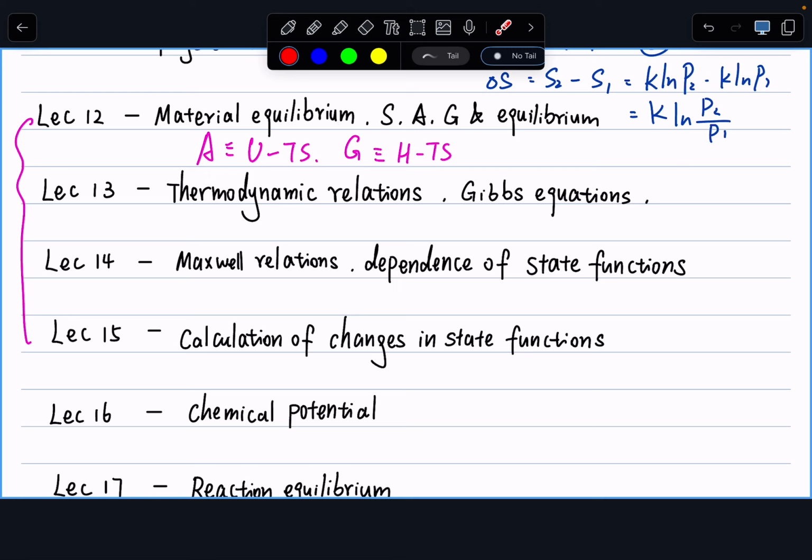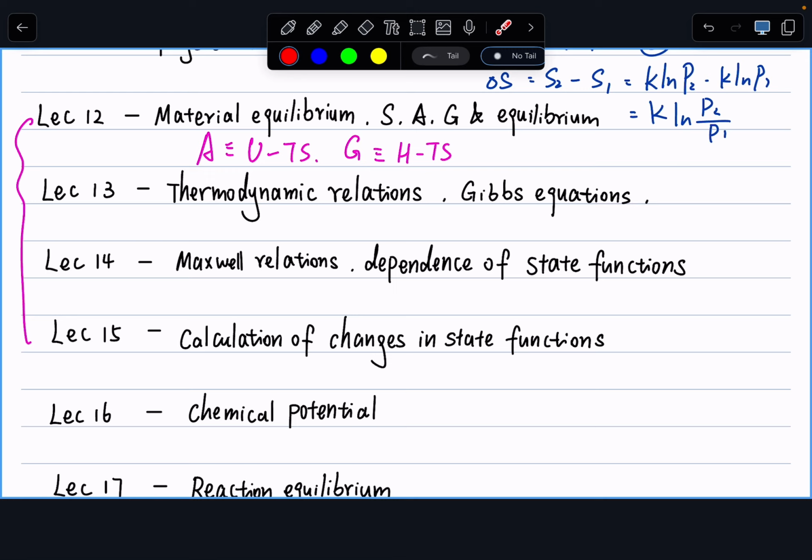But now let's say we have our plot like this. And we tell you this is the plot, that this is where equilibrium is. This is an isolated system, constant temperature and pressure. So what is this term here? Constant temperature and pressure. This property is minimized at material equilibrium. What's that property?